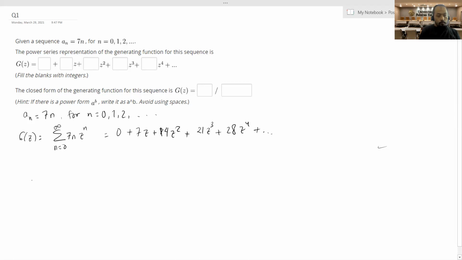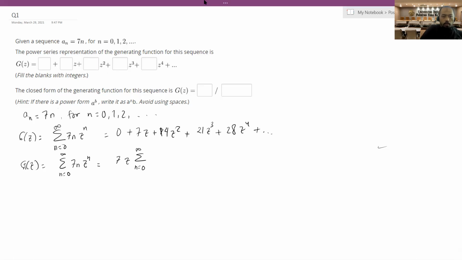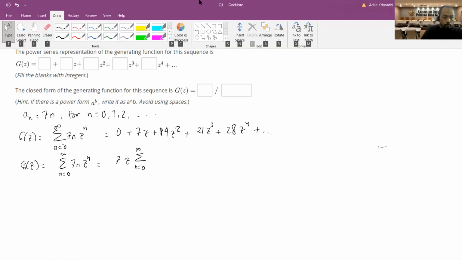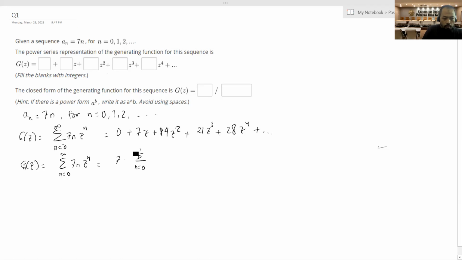Now let's find the closed form of this generating function. Because G(z) is this summation, and this is equal to 7z times the summation. Sorry, it should have been the correct one.